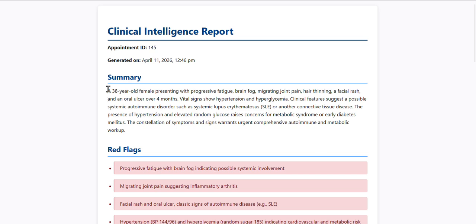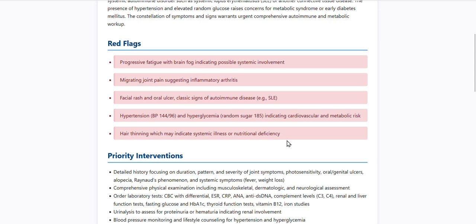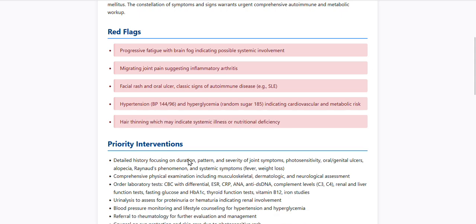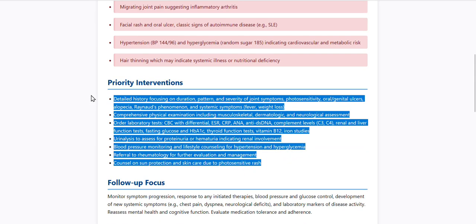So you see summary, then red flags in this patient: progressive fatigue, brain fog, migrating joint pains, malar rash, oral ulcers, blood pressure, sugar, maybe cardiovascular metabolic risk. Okay, nutritional deficiency may be there. So these are the things you need to monitor and intervene. Priority interventions. It gives you the list of the interventions.